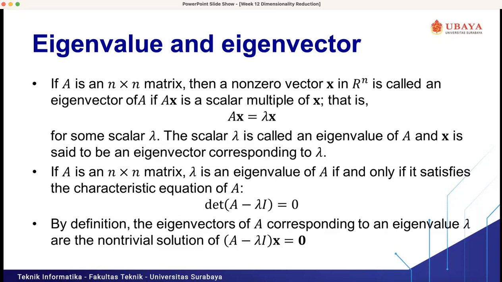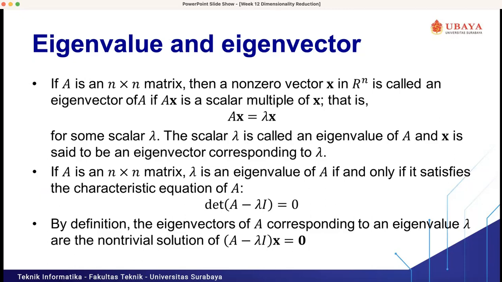If we have an equation like this, Ax equals lambda x, where A is a symmetric matrix, a matrix which has the same number of rows and columns, n times n, and x is a vector, then the scalar lambda is called an eigenvalue of A, and x is said to be an eigenvector corresponding to lambda.